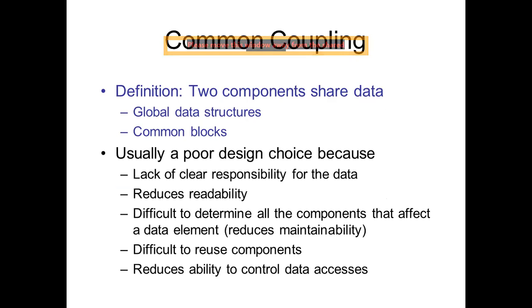Now another type of coupling is called common coupling. So what is common coupling? Two components share data. In this case, two components share data with each other. What type of data? Global data structures and common blocks. Each program consists of a number of blocks, called common blocks, and also the global data structure.